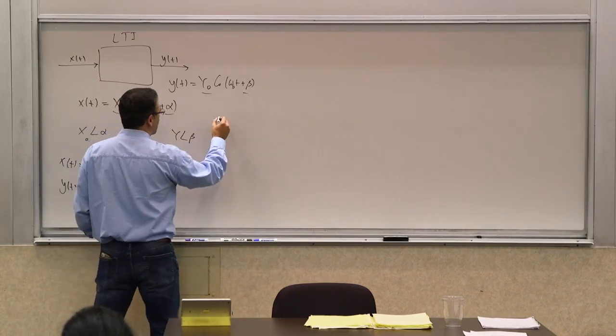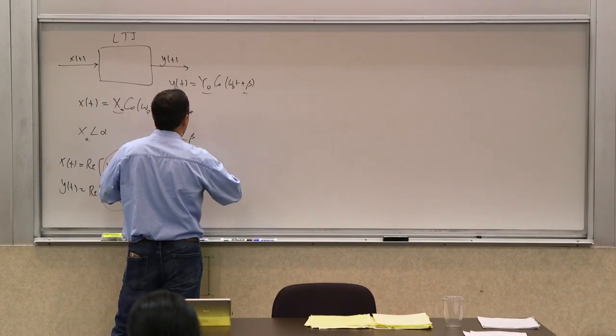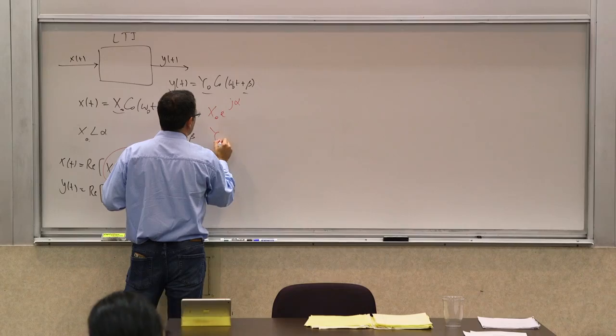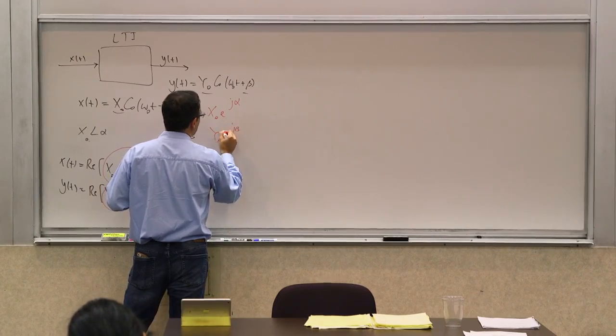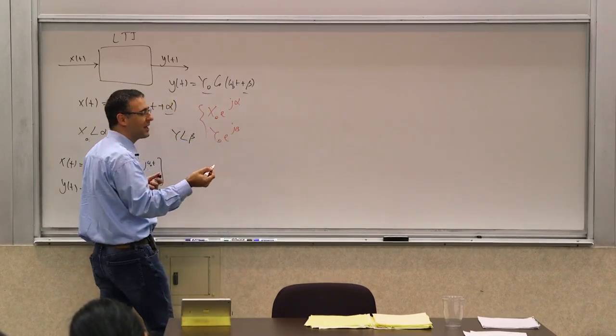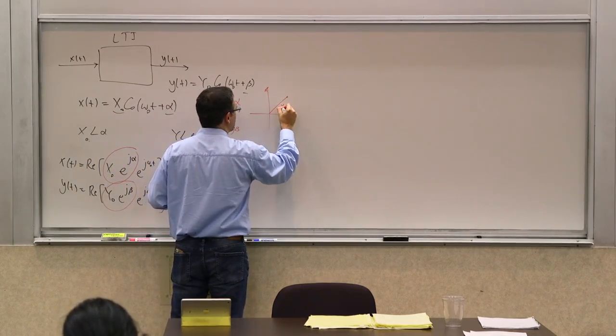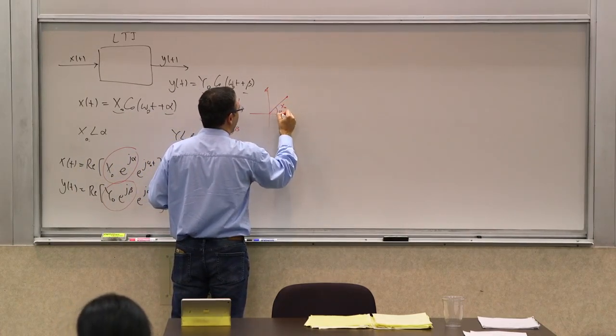You can think about the input being described by x0 e to the j alpha, and the output being described by y0 e to the j beta, which is nothing but a polar representation of a complex number, right? So this is x0, and this is alpha.